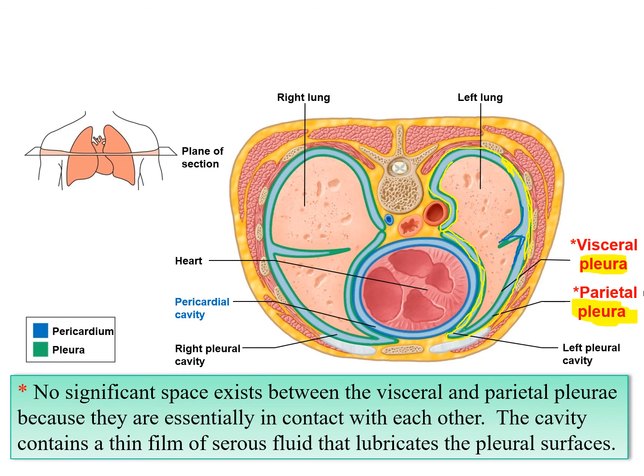Because when you inhale and exhale, as your lungs expand during inspiration and then deflate during expiration, they're rubbing against the cavity. Or I should say they're rubbing against the parietal pleura, as the lungs expand and deflate. So there has to be no friction here. And there isn't because of the presence of this serous fluid.